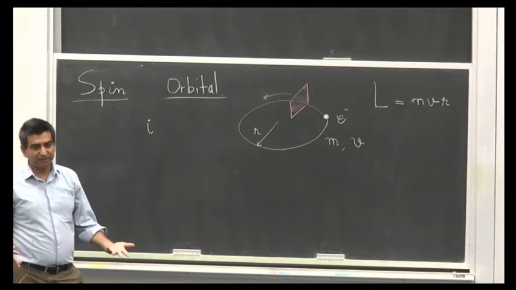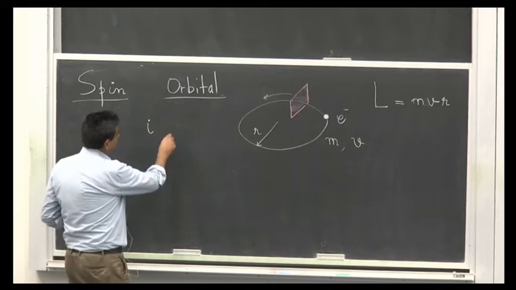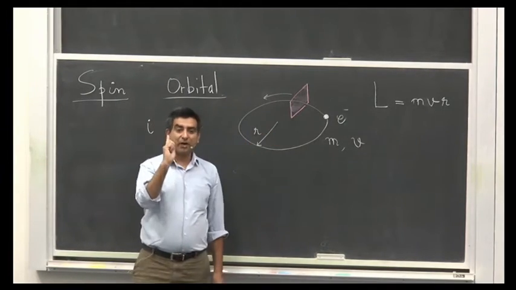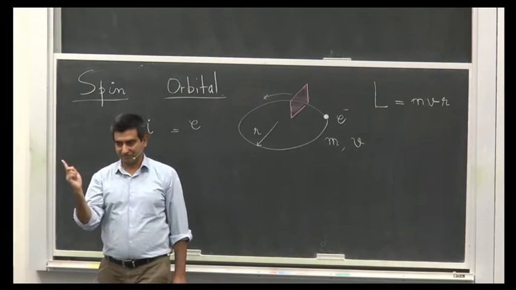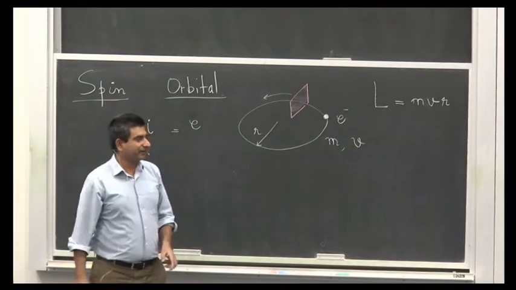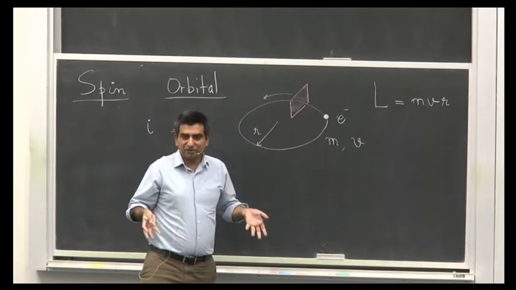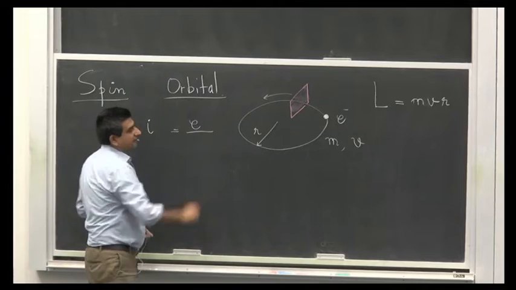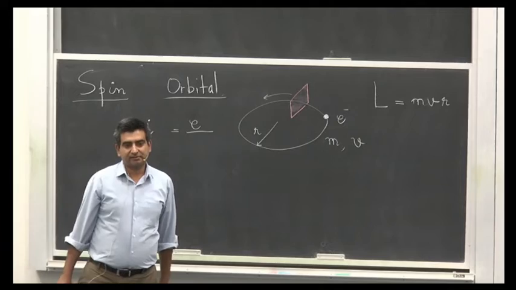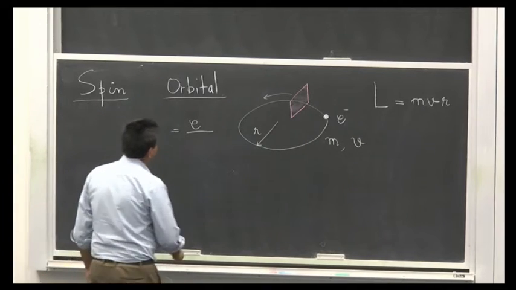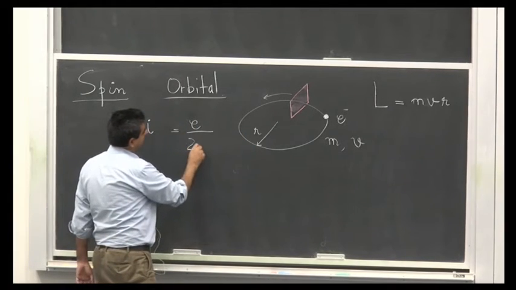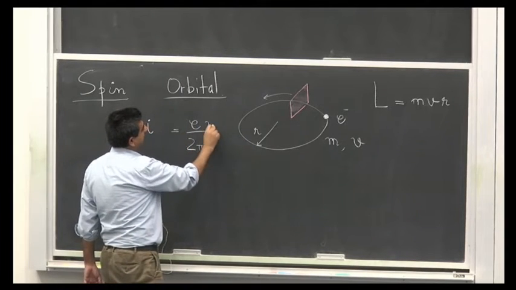So that's charge per unit time. So we need to know the amount of charge. The electron passes through the screen once in one revolution. So the amount of charge that passes through the screen in one revolution is e, the amount of charge of the electron, and the time that it takes for one revolution. Now what is the time that this charge takes? It's the distance 2 pi r divided by v.